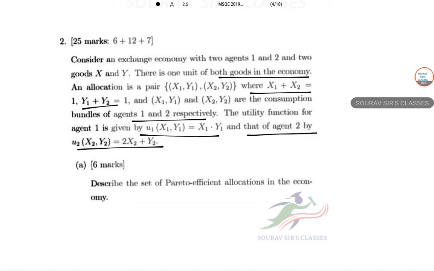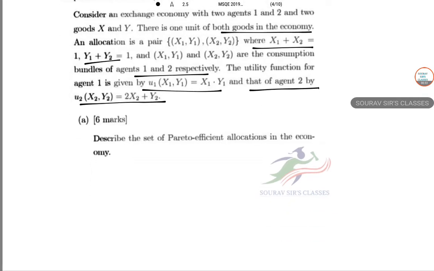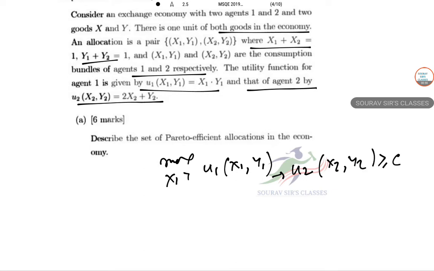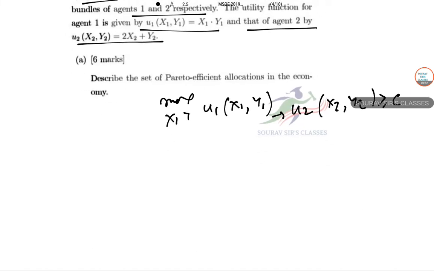All Pareto efficient allocations can be found as the solution of the optimization problem: maximize u1 of x1, y1 over x1, y1, such that u2 of x2, y2 is greater than or equal to c. Using the given information in the problem, we can say such that 2x1 plus y1 is less than or equal to 3 minus c, where 0 is less than or equal to x1, y1 less than or equal to 1.